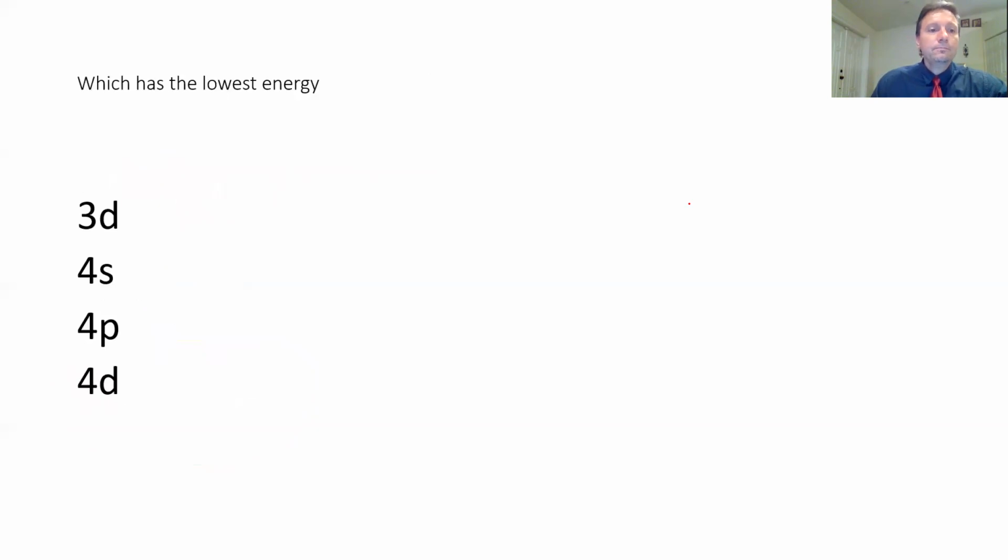All right. Which has the lowest energy? This is a little tricky. Hopefully not for you. We've talked about this previously. You might look at it and say right away, oh, 3rd energy level, that's it. Well, remember what happens to D. D falls back, but D has high energy.